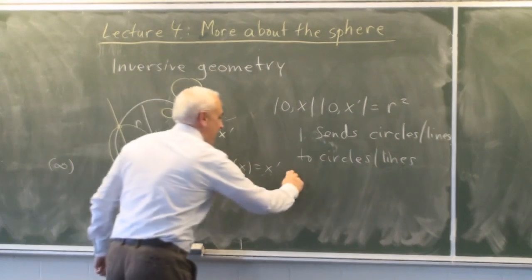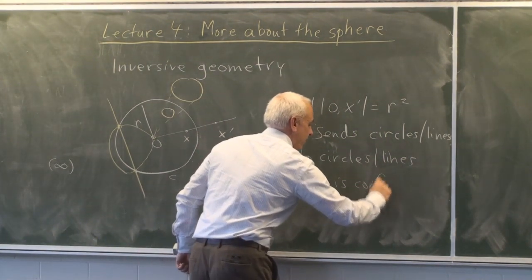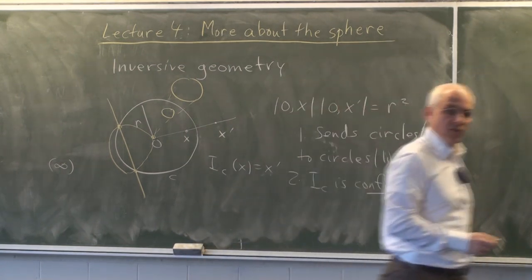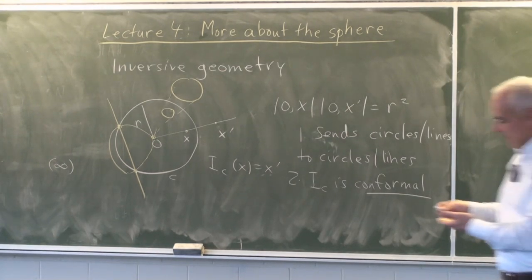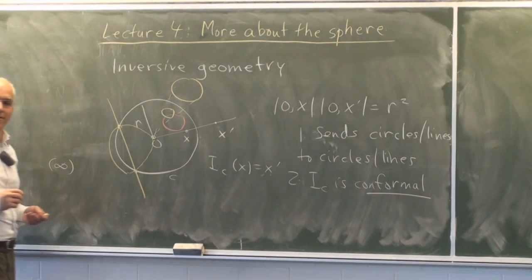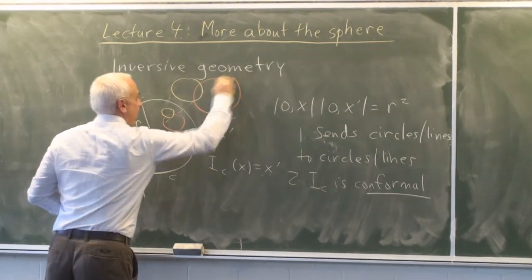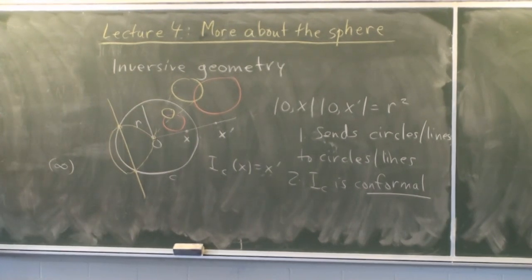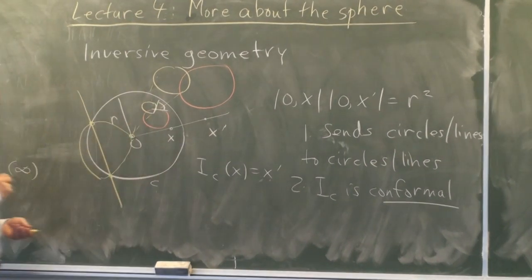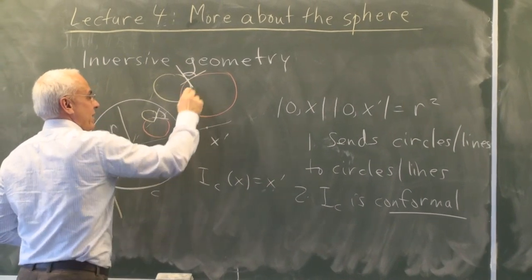And then the second property is that I sub c is conformal. Again, that means that it preserves angles. So that if we have two circles, say another one right here, and look at its image, then the angle between these two, where they meet, that angle there, is going to be equal to the angle between these two where they meet, that angle there.